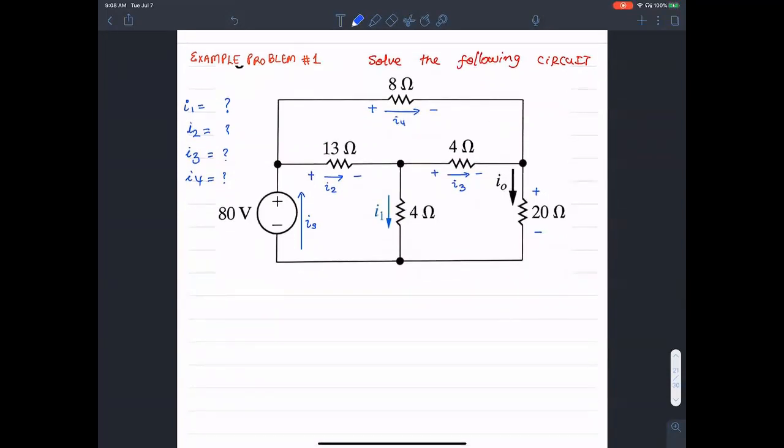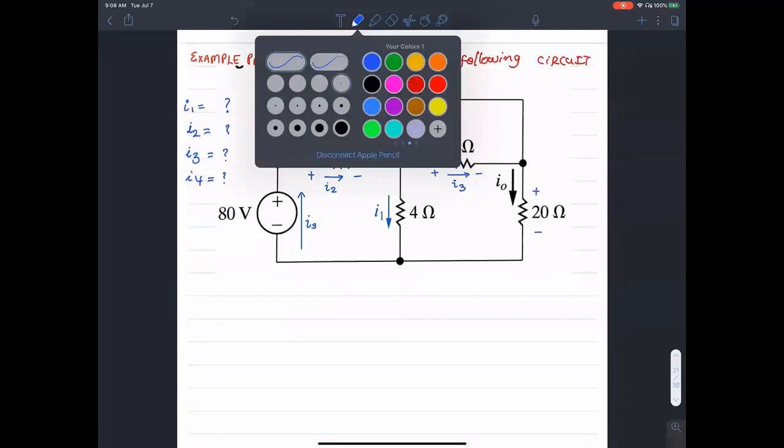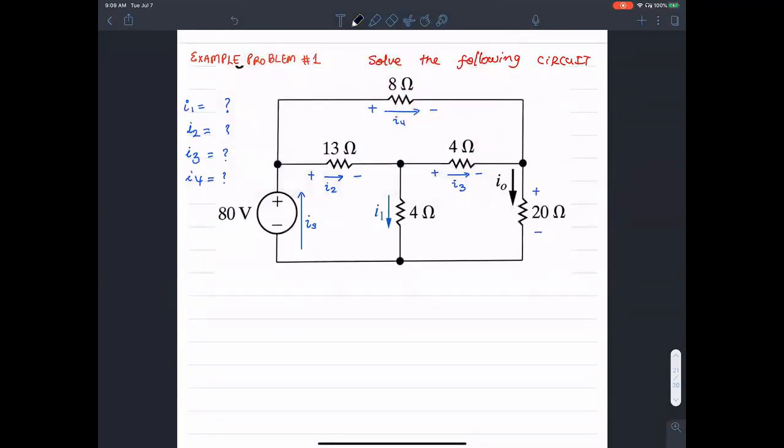Okay, so the first thing we are going to do is identify some nodes.